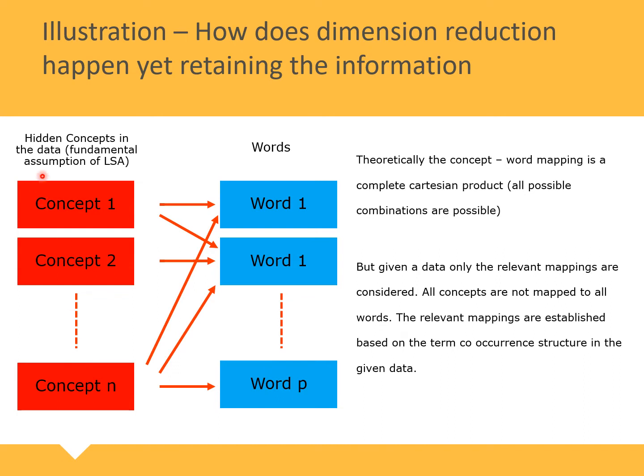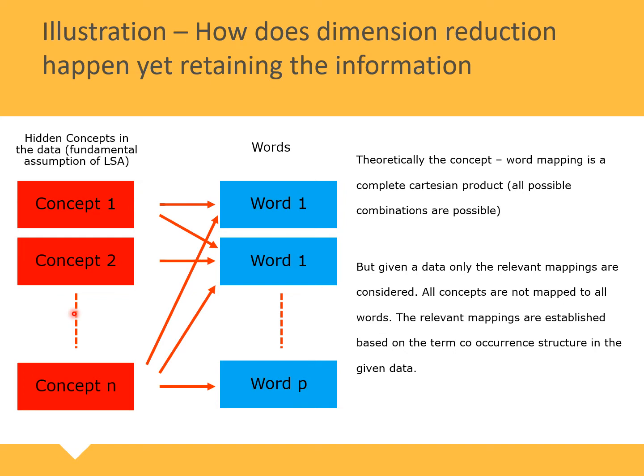So if you assume that there are a total of n different concepts, or n different contexts, hidden in your data, what can these contexts be? A context can be a discussion about car and fuel price, a discussion about new car launches, or a discussion about the government duties on car, likewise.